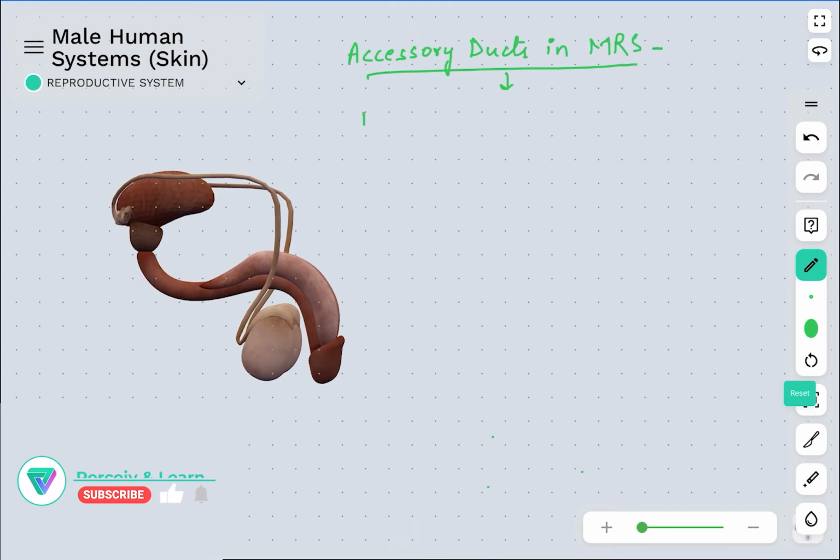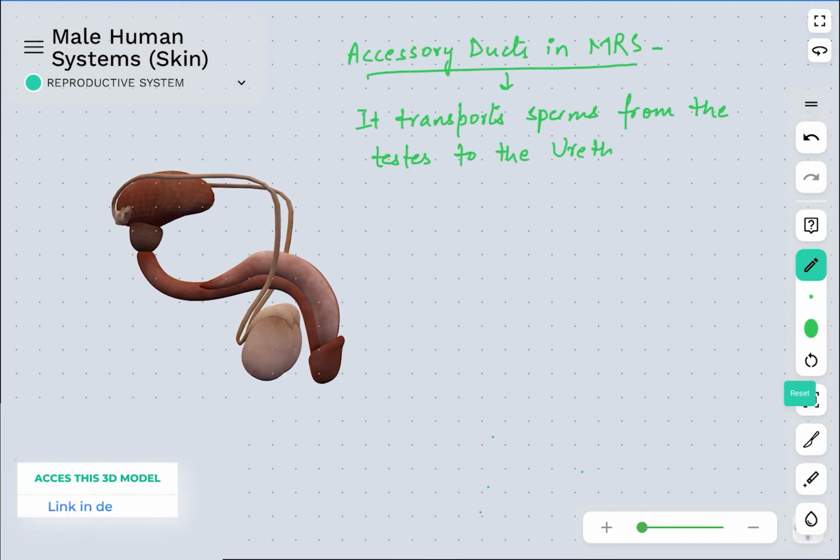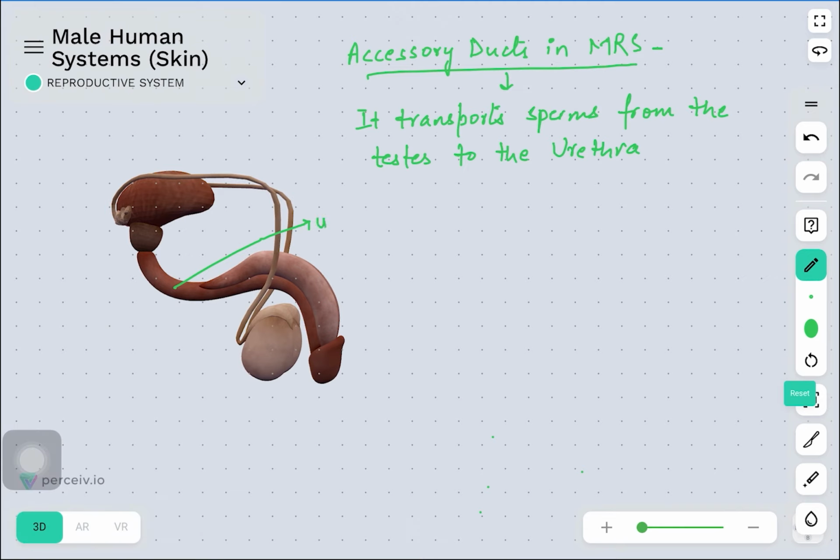All right. So their function is to transport sperms from the testis to the urethra. Now we have already seen the urethra in the model itself. All right. So internal to this is being represented in the form of urethra.